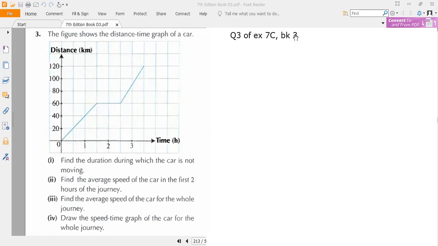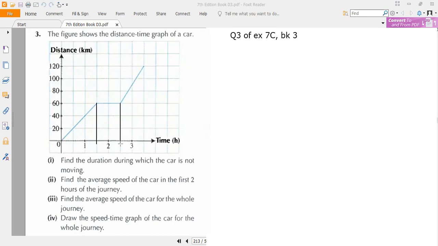So what will I do? You can do it in the graph also, beta. I will draw a line from this point on the x-axis where my line is, from the starting of the stationary movement to the ending of the stationary point.